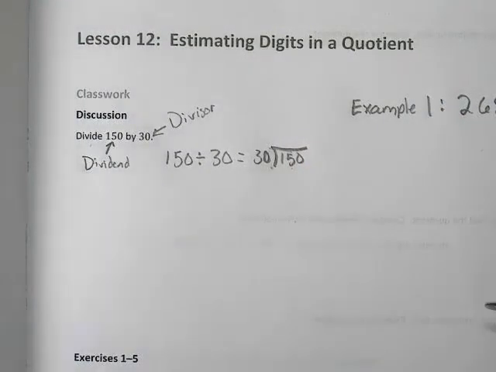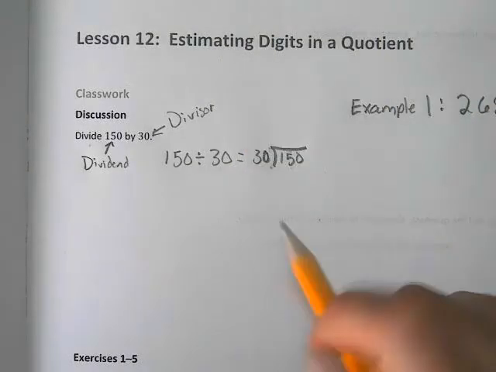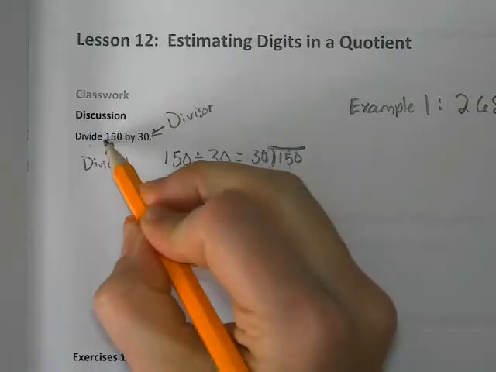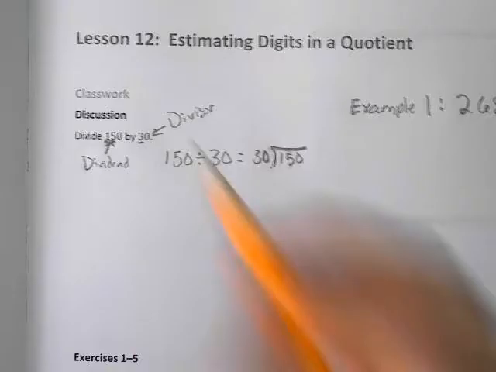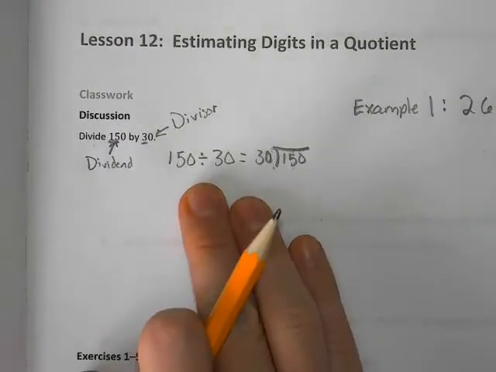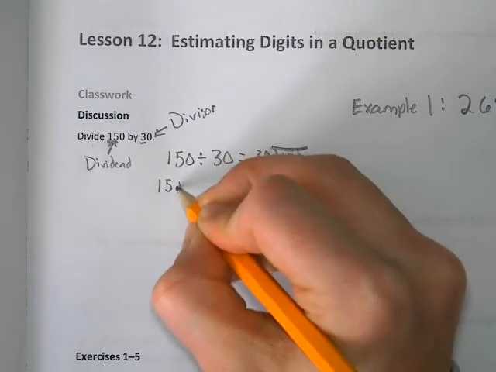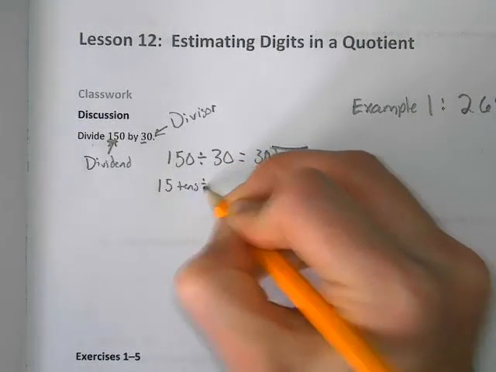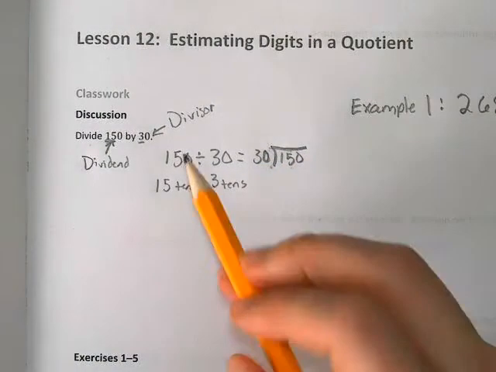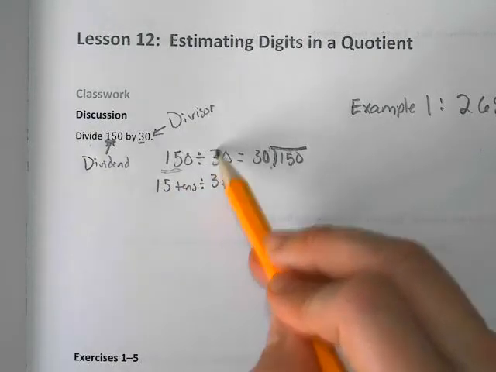Now, before we go into all of that, I want you to see how estimation is helpful. We don't really need to estimate here because they already have the zeros. Our numbers here, 15 and 3, are pretty easy to divide. So 150 divided by 30 is the same as saying 15 tens divided by 3 tens. I'm able to say that because my 15 ends in the tens place and my 3 is in the tens place.